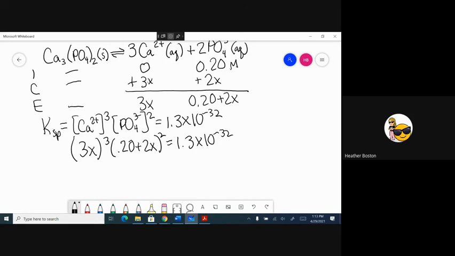Now again, this is a pretty complicated problem, so let's just ignore this guy and let our problem become 27x to the third times 0.2 squared equals 1.3 times 10 to the minus 32.